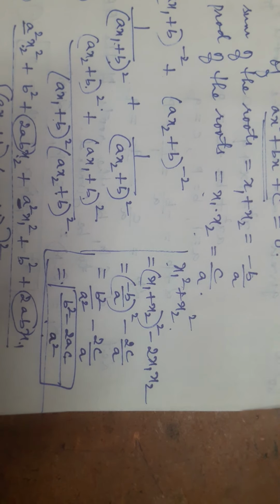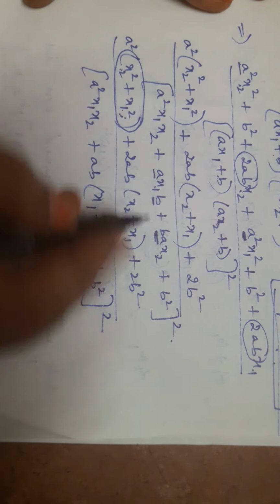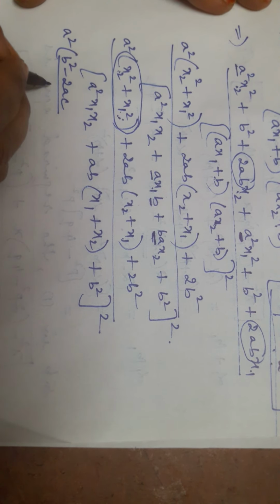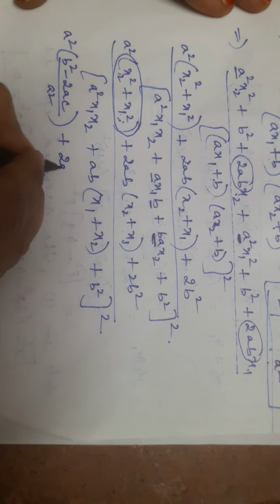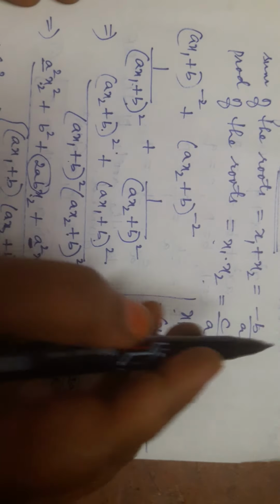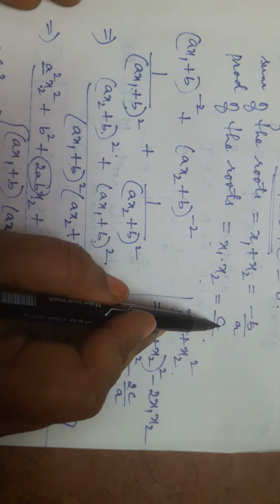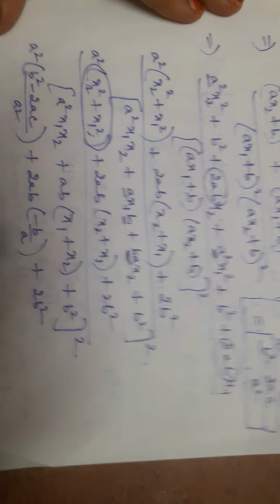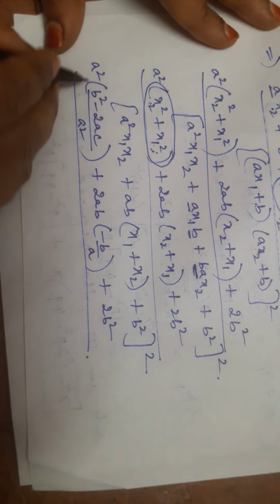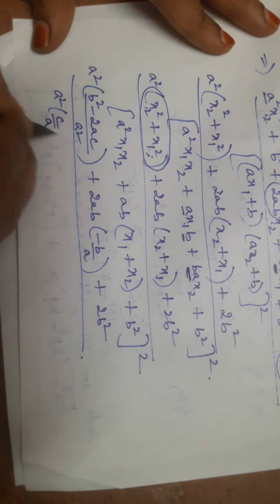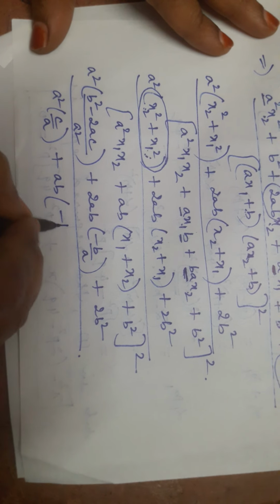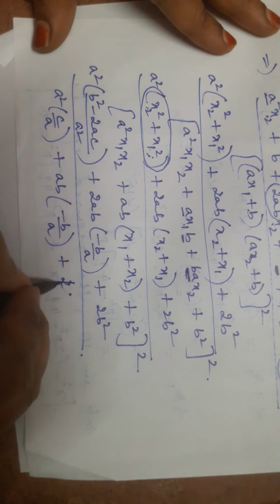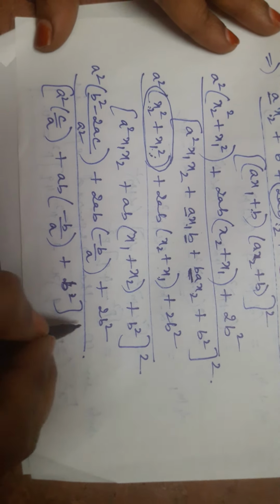So substituting this, we get a square into (b square minus 2ac) by a square plus 2ab into (x1 plus x2), which is minus b by a, plus 2b square, by a square into (x1 into x2, which is c by a) plus ab into (minus b by a) plus 2 plus b square, whole square.